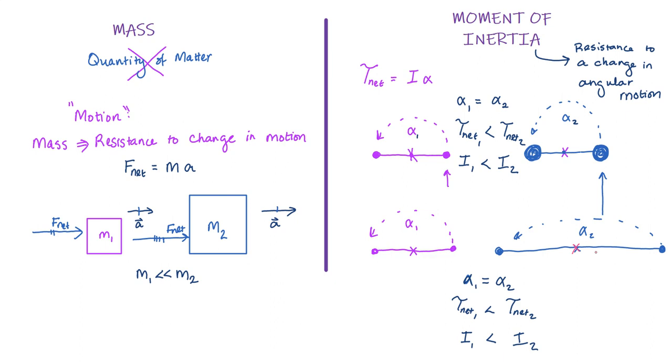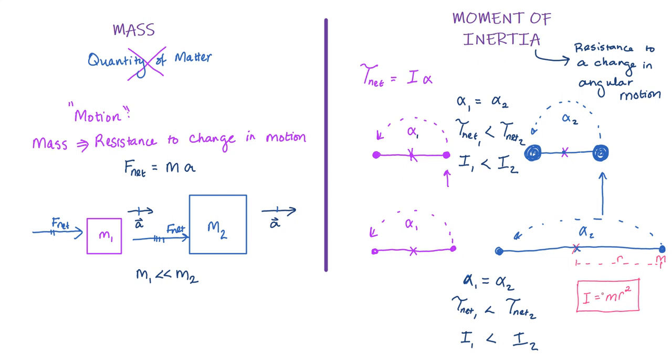Therefore, not only is M important, but also where M is located relative to the axis of rotation. And we come up with a very generic equation for a point mass at some distance from the axis of rotation: I is equal to mr squared, the moment of inertia for a point mass.